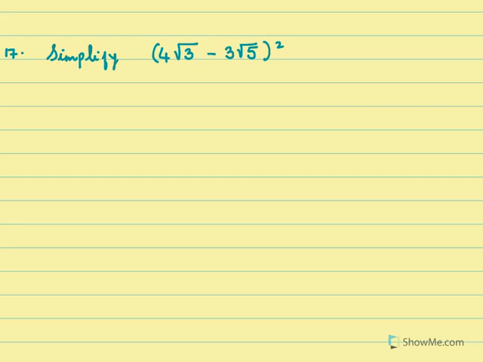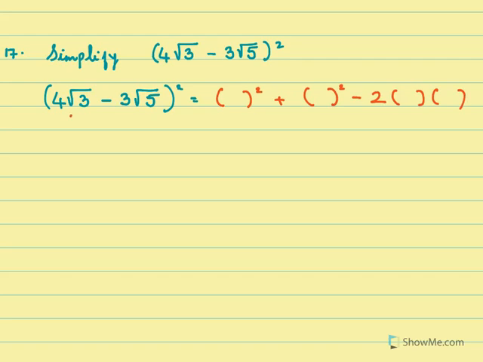Simplify: 4 root 3 minus 3 root 5 the whole square. So we have 4 root 3 minus 3 root 5 the whole square. This is a minus b the whole square, and we know a minus b the whole square is a square plus b square minus 2ab. This is your a and here is your b.